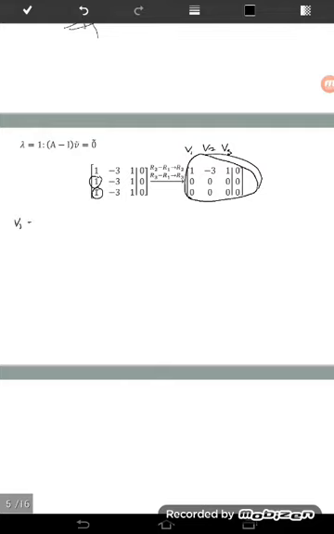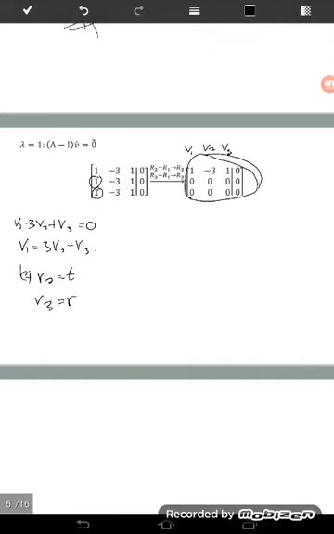Okay, so V1 minus 3V2 plus V3 is equal to 0. So V1 is equal to 3V2 minus V3. Okay, so for the free variable, so let V2 equal to T and V3 is equal to R. Okay, so dia ada dua free variable.